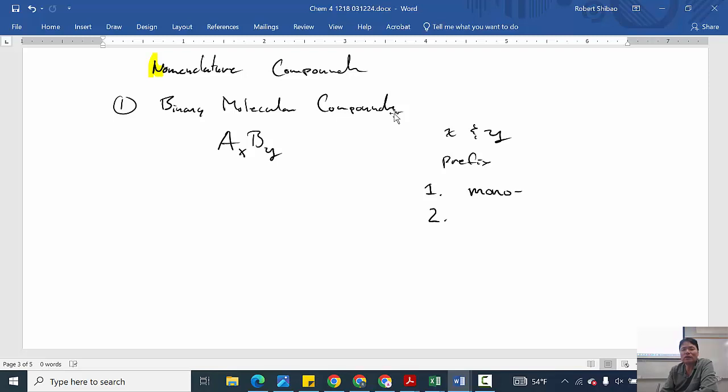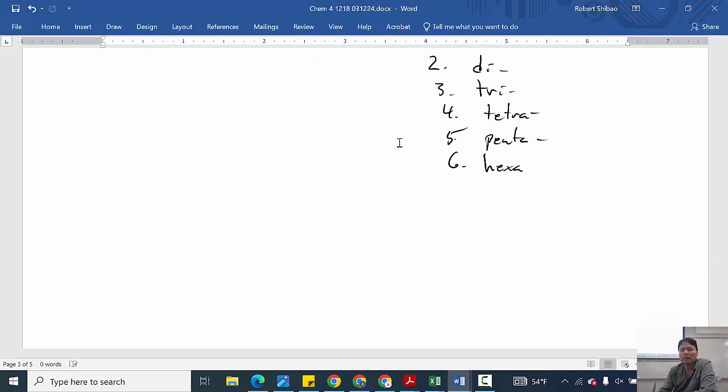If X or Y is 2, then we're going to use di as a prefix. 3, tri. 4, tetra. 5, penta. 6, hexa. 7, hepta, H-E-P-T-A. 8, octa. 9, nona. 10, deca. 11, 12. We'll stop here. We'll say etc.